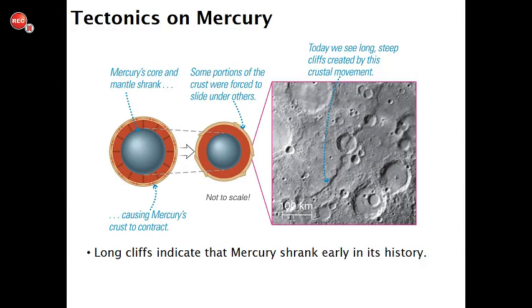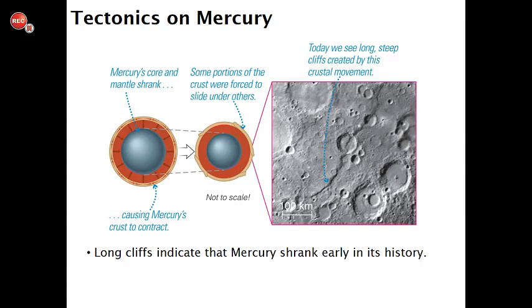And one thing we see is that Mercury has these great big cliffs over the surface. They run long distances and they're very steep. And what happened here is, as the planet cooled, it shrank. And it didn't shrink uniformly, in that the crust shrank less than the core did.